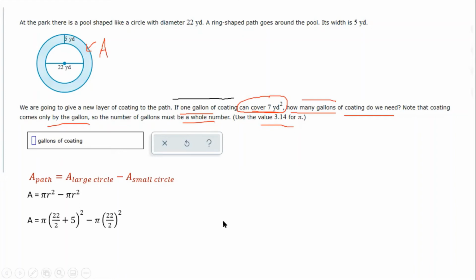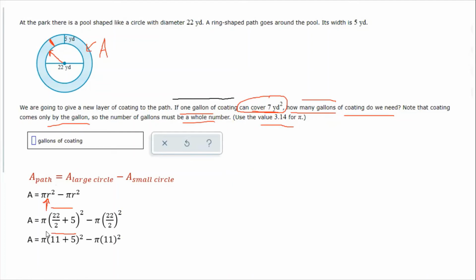But then the largest circle right here, this radius is 22 divided by 2, which is 11, plus the distance, that is the width of the ring, plus 5. So 22 divided by 2 plus 5 is the radius of the large circle. Now what we do is the operations.